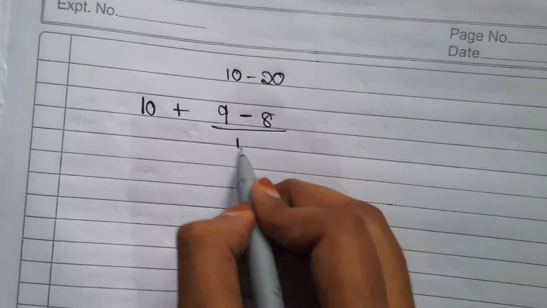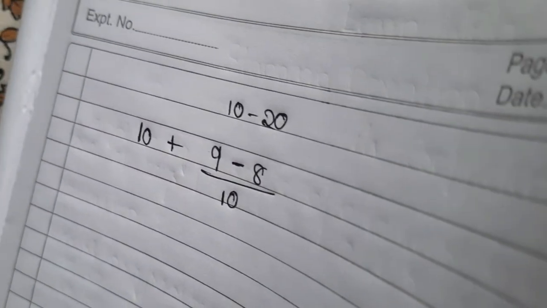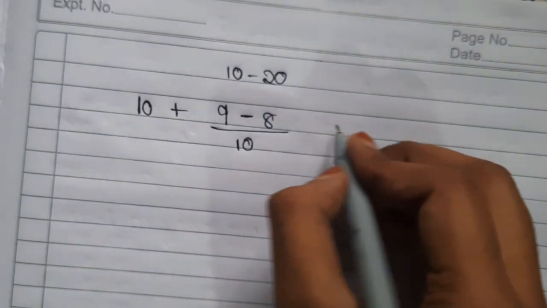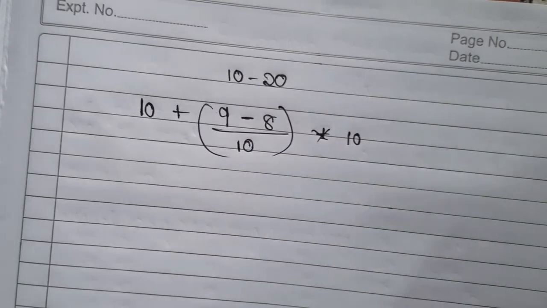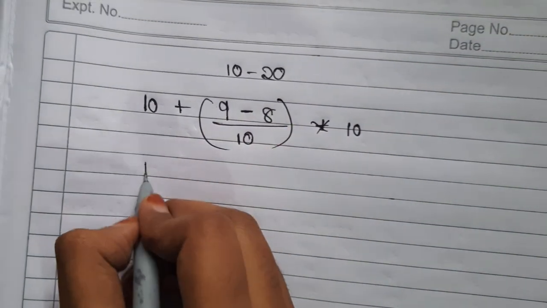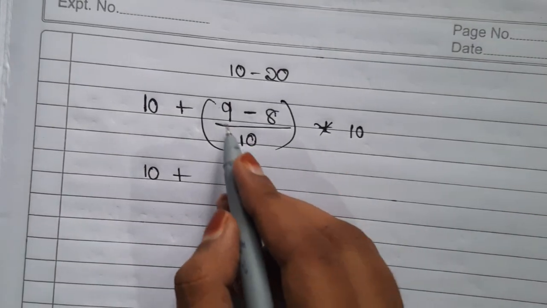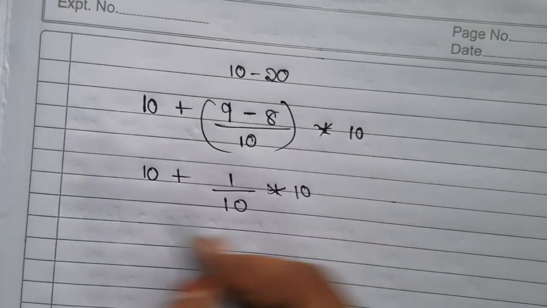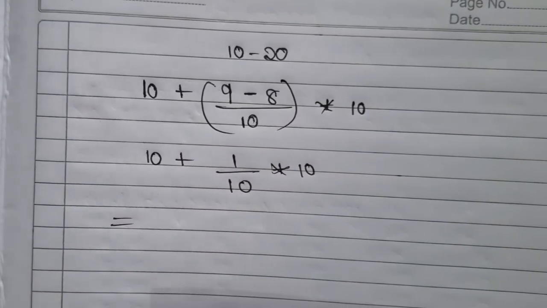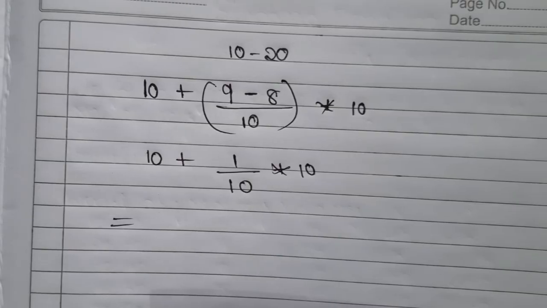Yes, we got 10 only, no? So now multiply by i. I, how much it is? Gap 10. So we will be doing this calculation. 10 plus 9 minus 8, it is 1 by 10, multiply by 10. Do this calculation, how much you are getting, tell me in the comment section. 10 plus 1 divided by 10 into 10. How much it is?